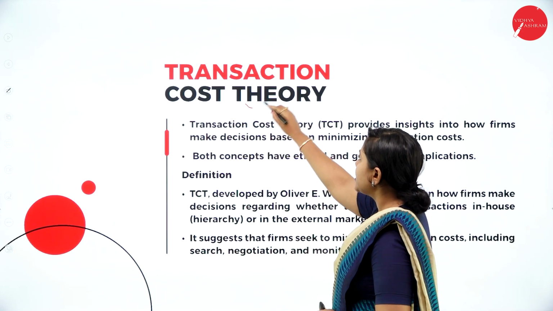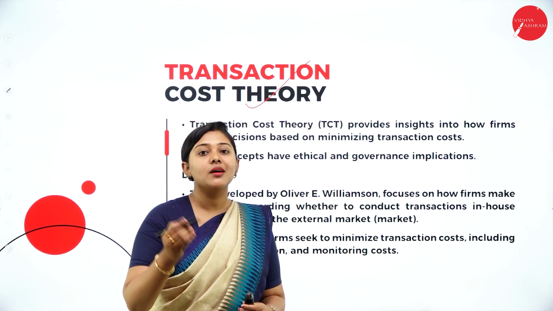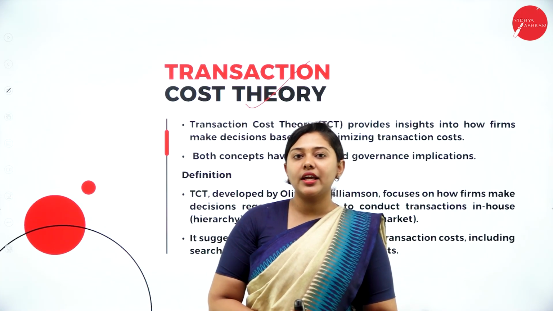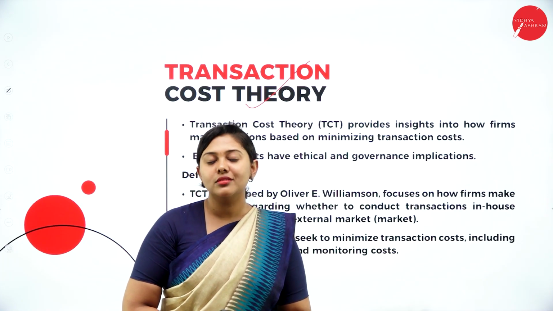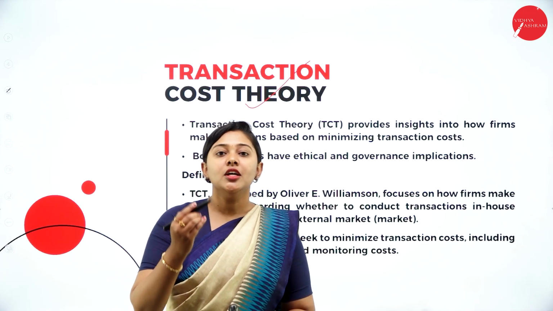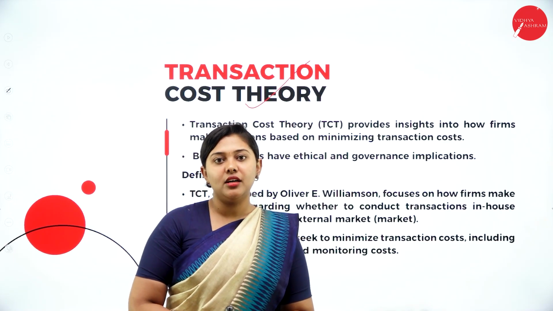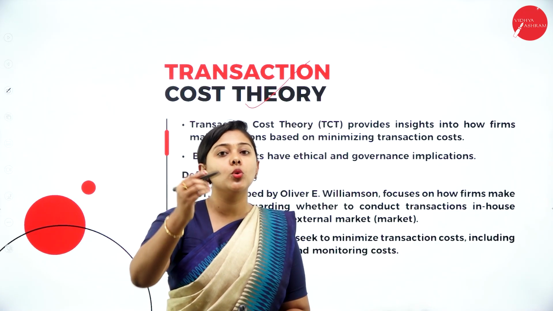So, transaction cost theory is a part of corporate governance and agency relationship theory. Transaction theory is based on a principle that a cost will be incurred when a person gets some other person to do his job.